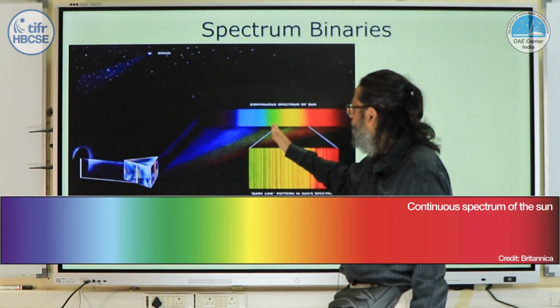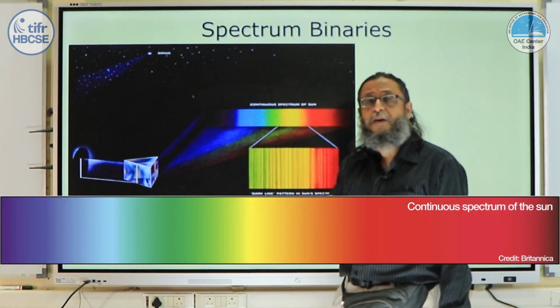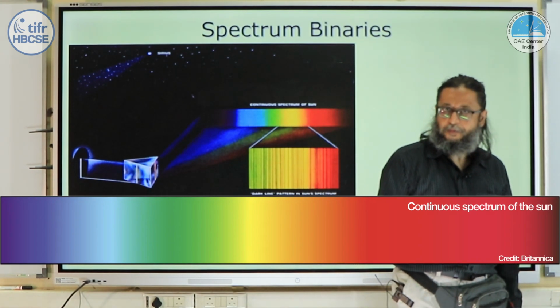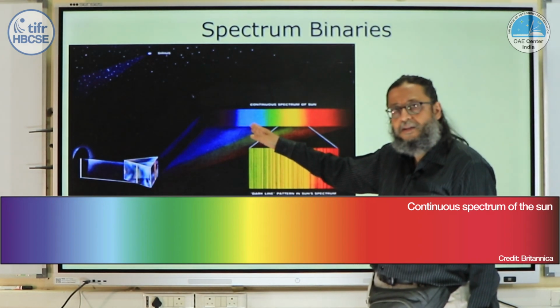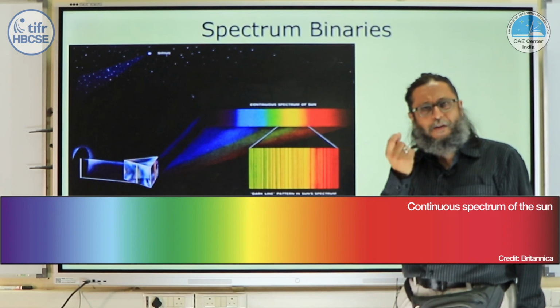This is an example of a continuum spectrum, where you have some light at every wavelength.